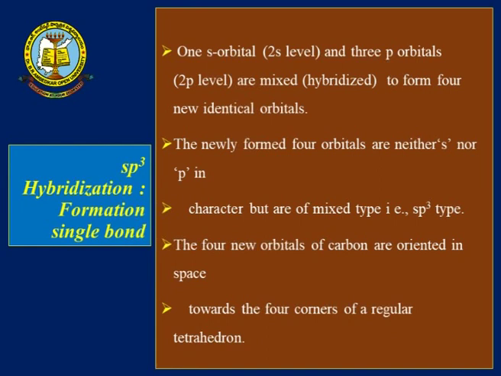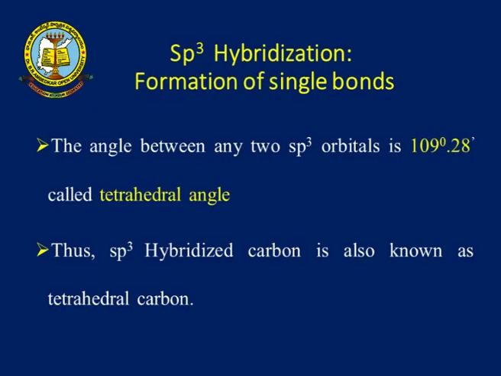Now, all these four newly formed orbitals are oriented in space towards the corners of a regular tetrahedron. For example, this is known as a tetrahedron, where you can find 109 degrees of bond angle.